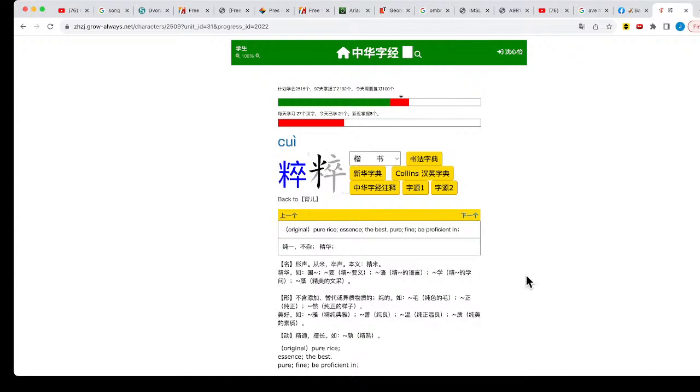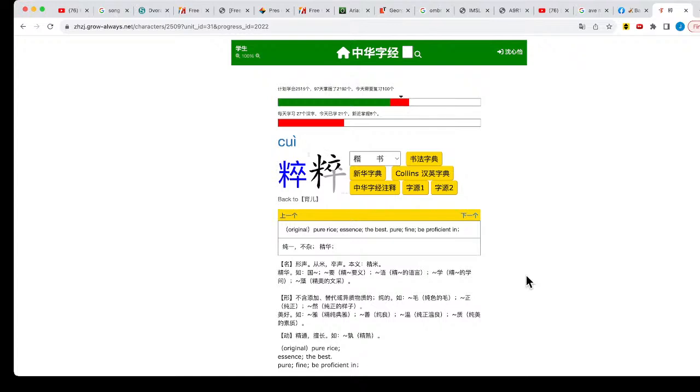So what you've got is pure rice. Okay, and that thing is called 脆. And then of course later on people use that to refer to the essence of things, the best part, the pure things, the fine things. So this one became like that.